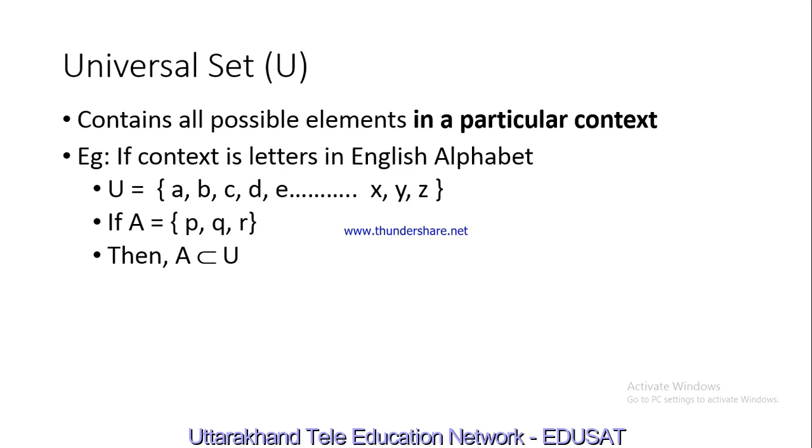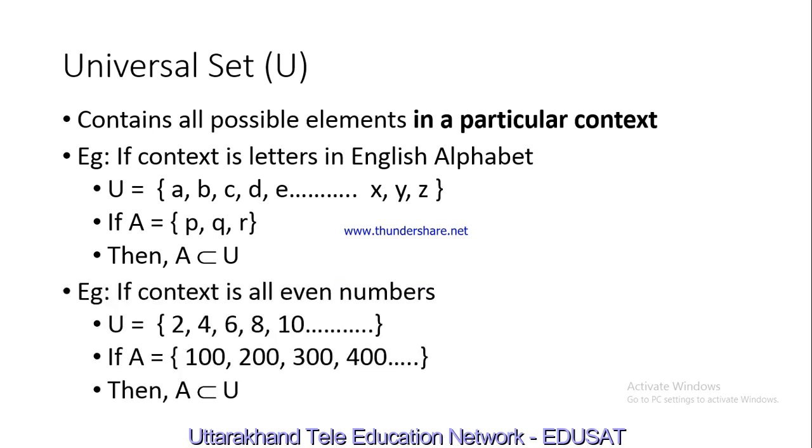If context is letters in English alphabet, the context here is all the letters in the English alphabet. So universal set would be all possible elements A, B, C, D till X, Y and Z. All 26 elements will be part of the universal set. And the context is we are talking of the English alphabet. Now let's say there is another set which is A and it has got 3 elements. You can understand that A will be a subset of U, and that has been shown here. A is a subset of U.